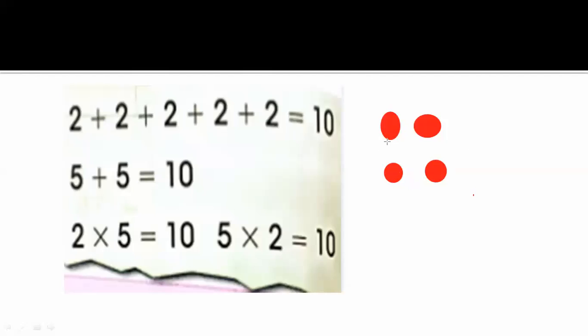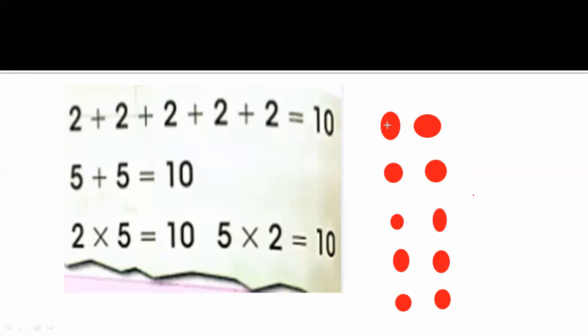I told you that we have 5 rows and 2 columns. Here, how many rows do we have? 1, 2, 3, 4, 5. 5 rows. How many columns? 1, 2.